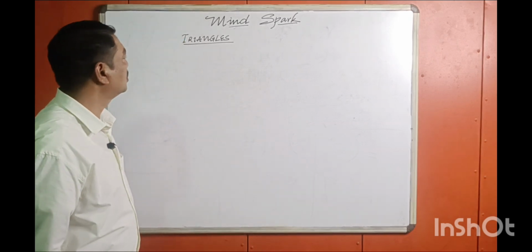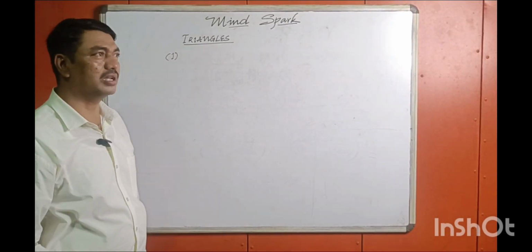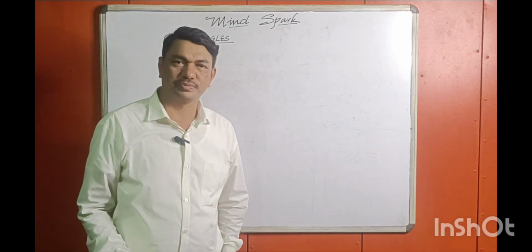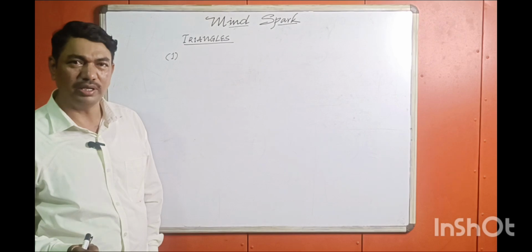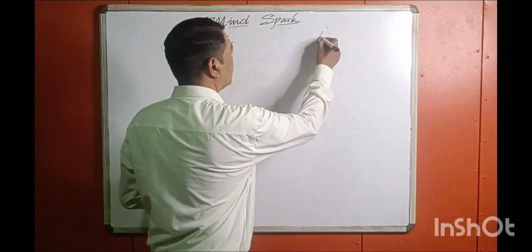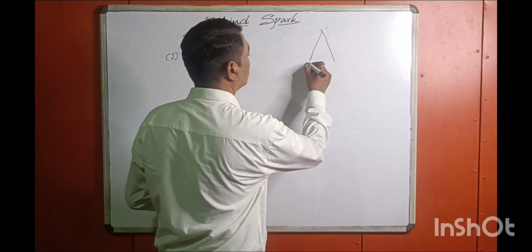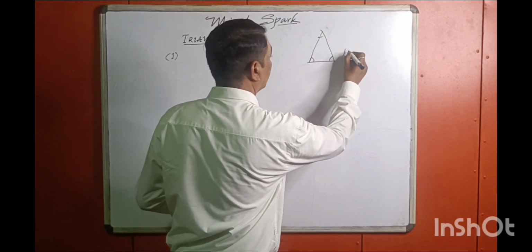Then coming to triangles, the first one is the acute triangle. In an acute triangle, all the angles are less than 90 degrees. Okay, acute triangle, all the angles are less than 90 degrees, like this.